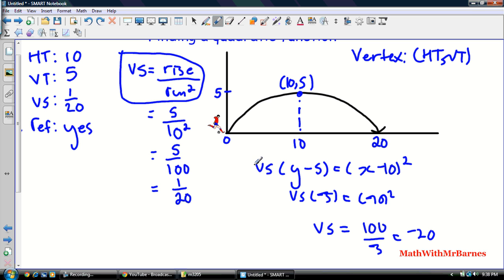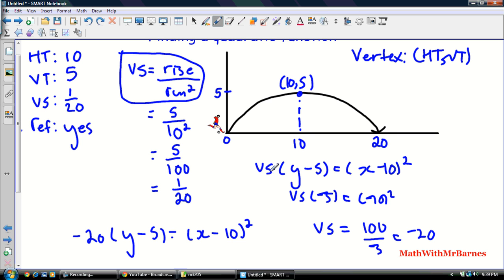That number would be negative 20, which is the same number as this guy because we haven't flipped it yet. So when we put this guy in, we use our reflection to be negative 20 over y minus 5 is equal to x minus 10 squared.